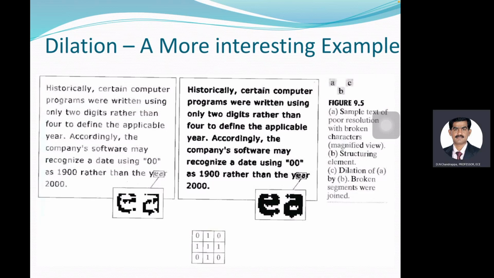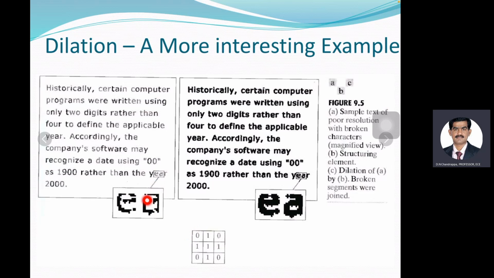By using a 3x3 structuring element, this is the structuring element we are going to consider.